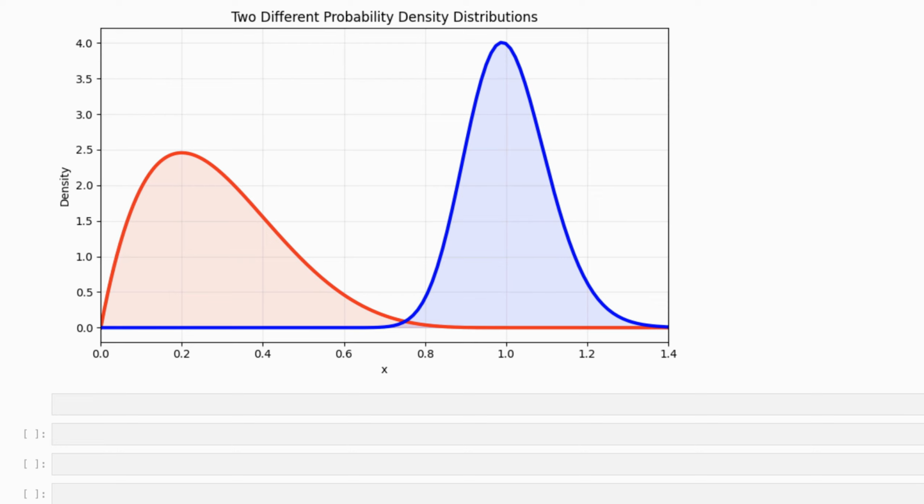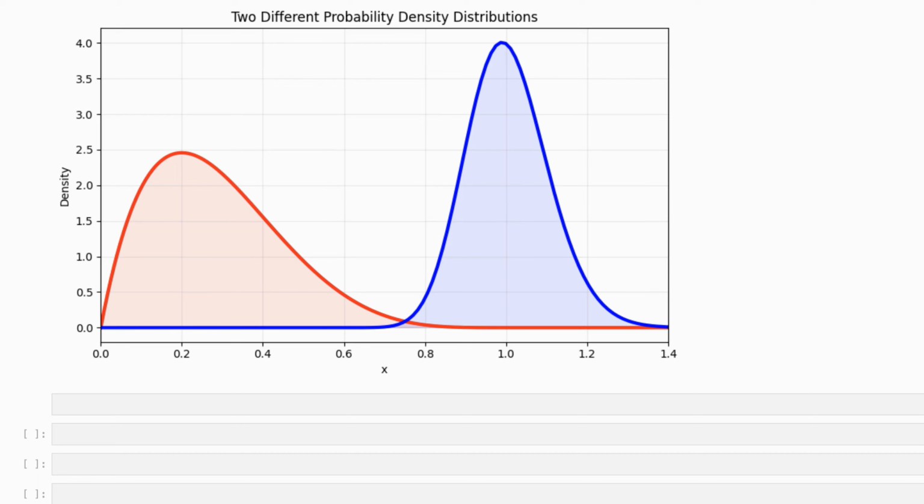You can build a predictive model that, for any given value of features, outputs the full probability distribution instead of a single number. The figure below shows two different probability density functions. They differ in location, width, and shape. A higher value of the probability density indicates that the corresponding value is more likely to occur.